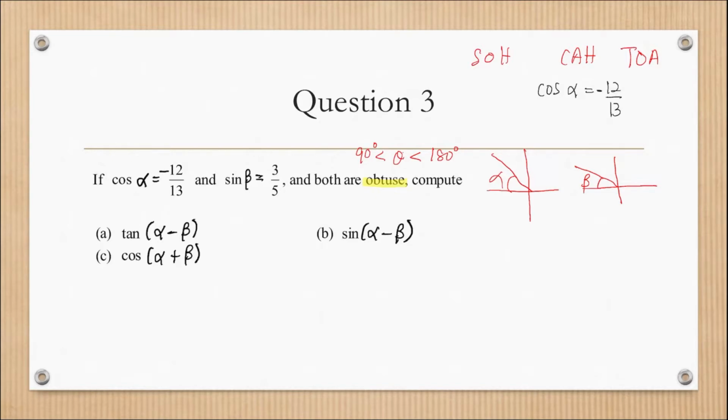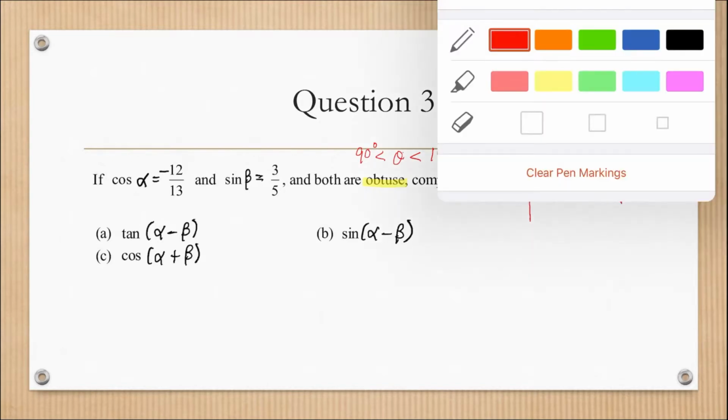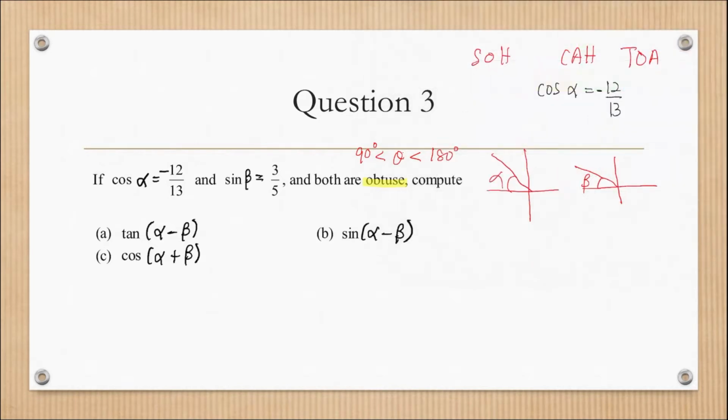So 12 is the length of the adjacent and 13 is the length of the hypotenuse. So the adjacent part of the right angle triangle is down here, 12, and the hypotenuse part is the diagonal part, which is 13.